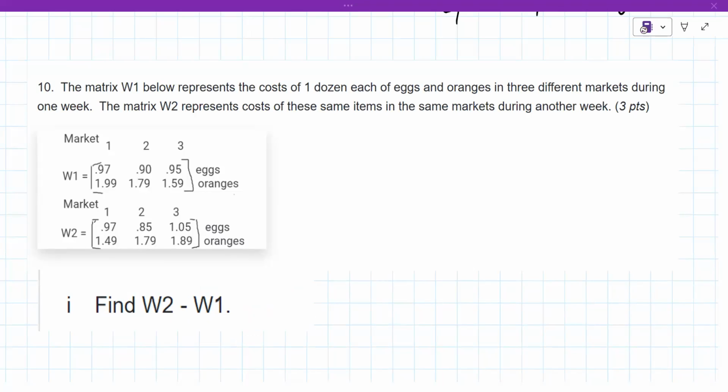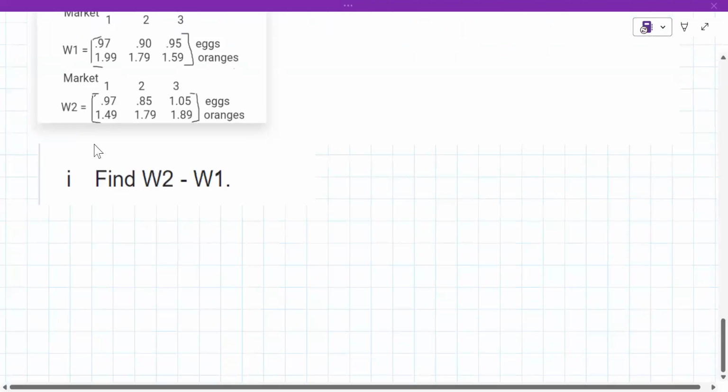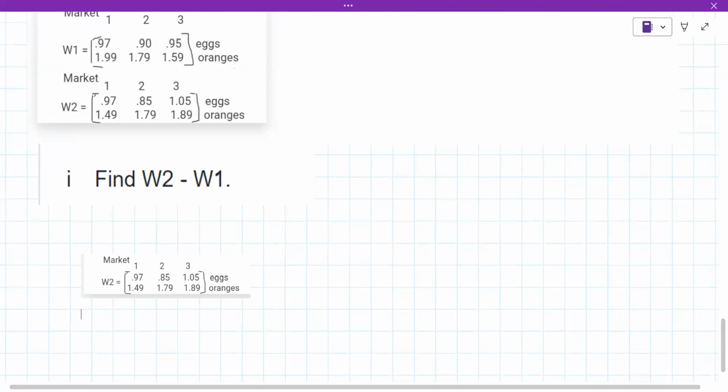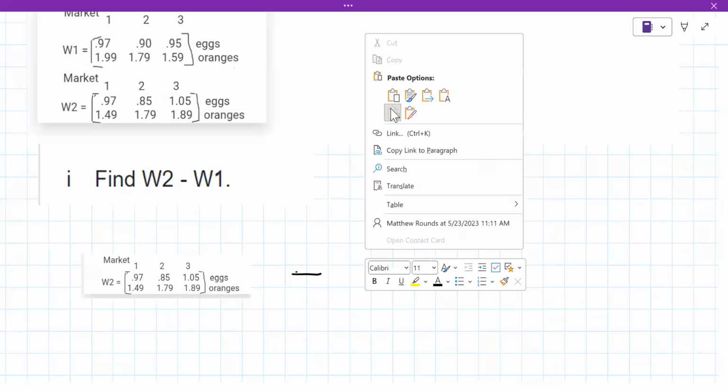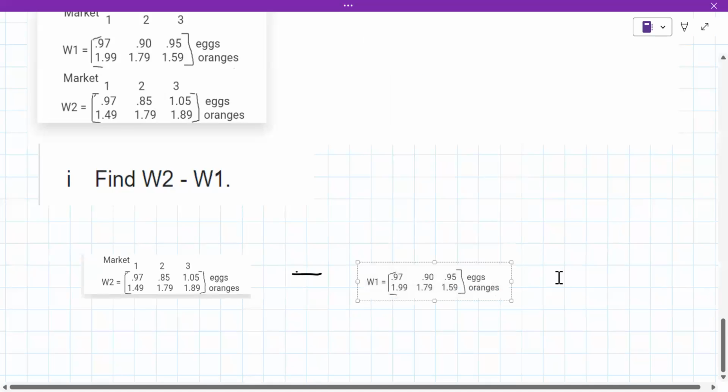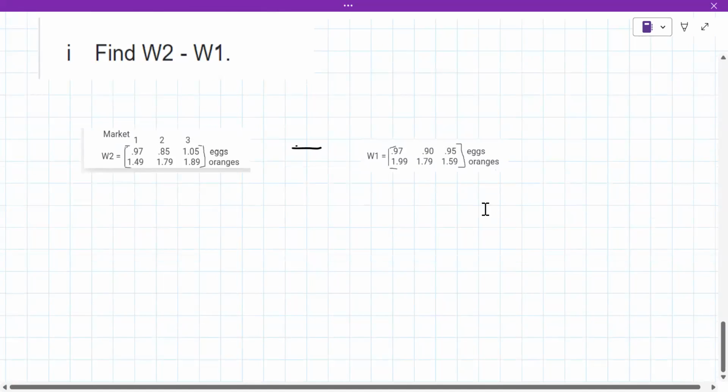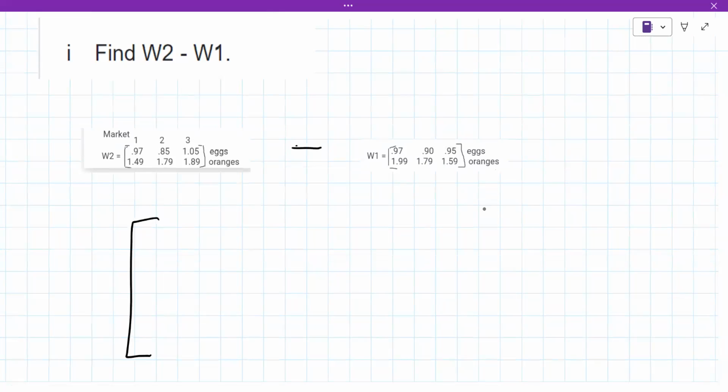So it asks you to find W2 minus W1. So here is W2, and then we're going to subtract W1, which is the top matrix. What this will reveal is the difference in price between the 2 weeks. So the steps here are, you take that top left number, 0.97, from the one on the left and subtract 0.97, and that equals 0.